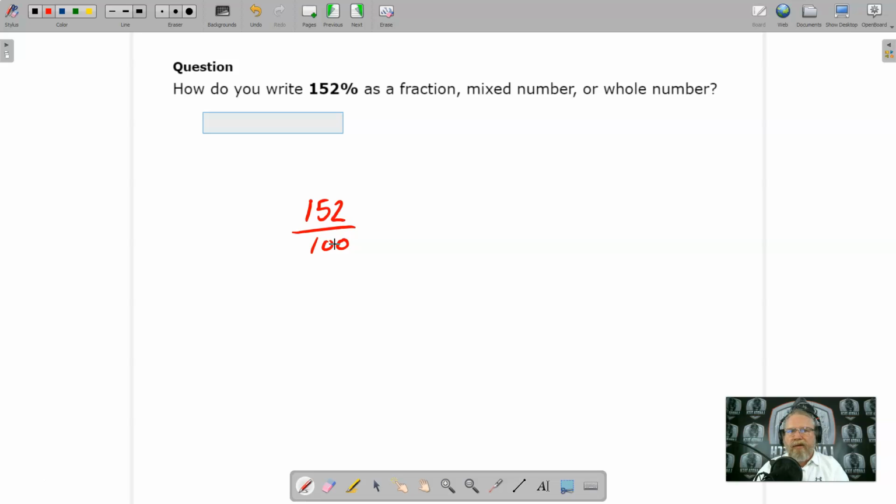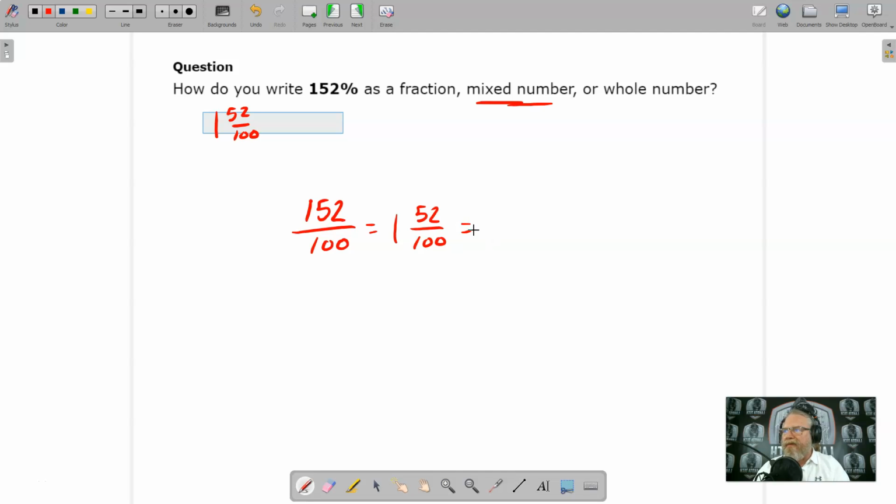The numerator has a greater value than the denominator. So in this case, 100 will go into 152 once. The remainder would be 52, and our denominator would still be 100. And we now have a mixed number, so this would qualify as a correct answer. So we could put in 1, and 52 over 100 is a mixed number.